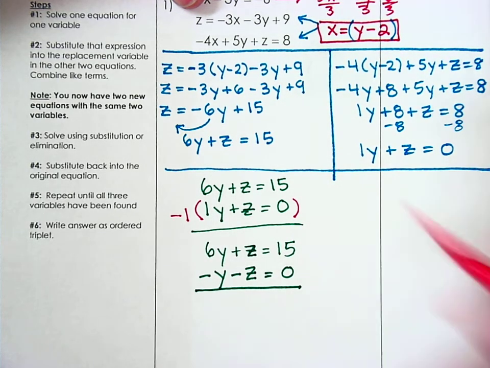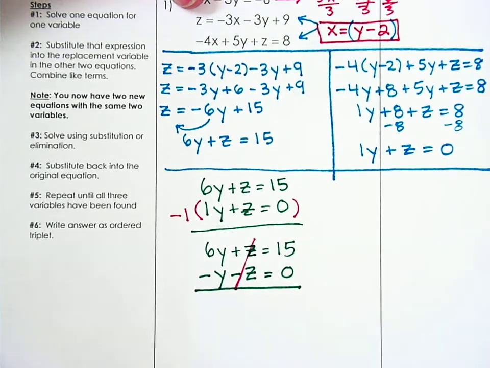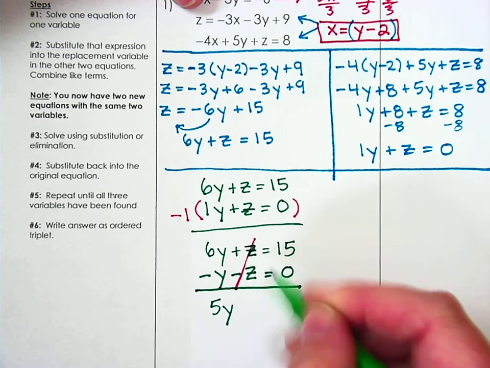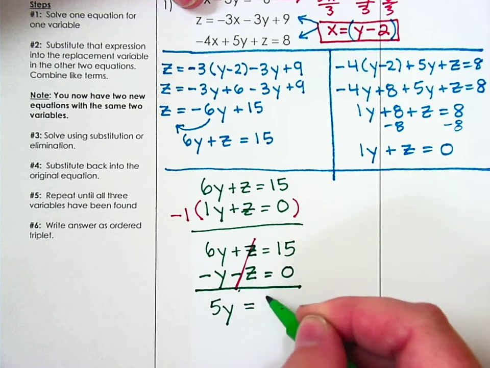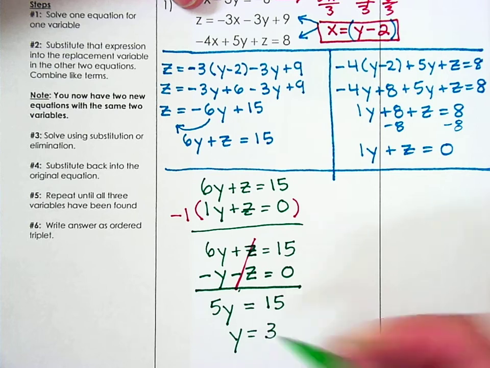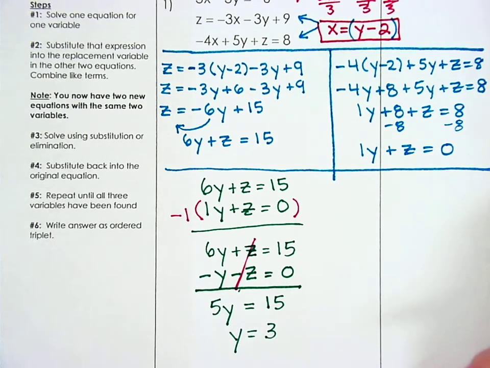Then we add down. 6y minus 1y is 5y, the z's cancel, that gives me 15, and y equals 3. So we just found the y value for this entire system.